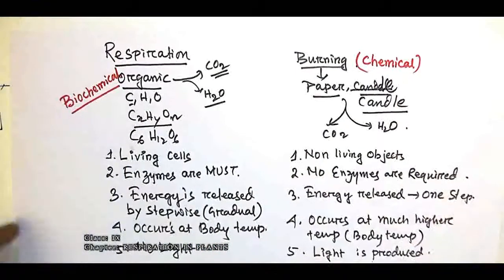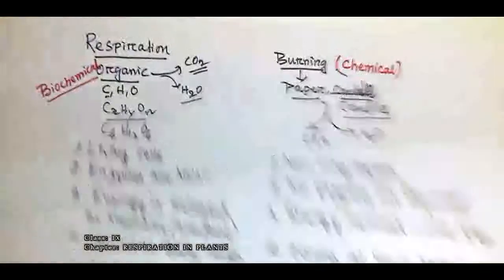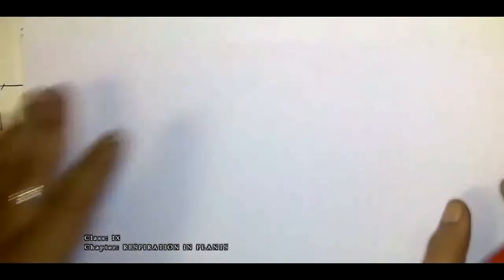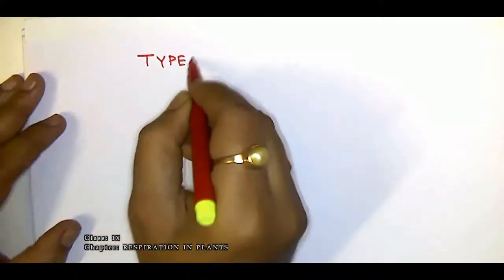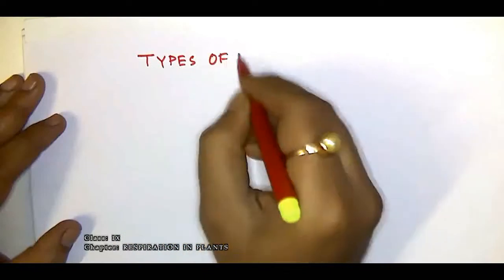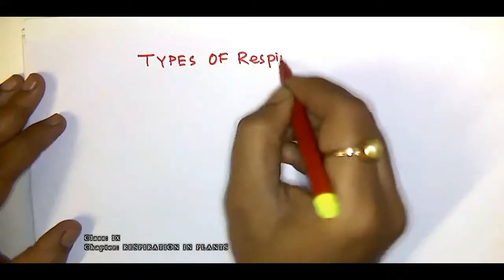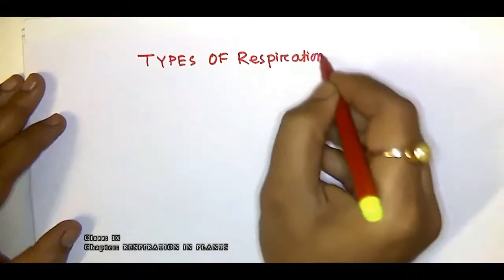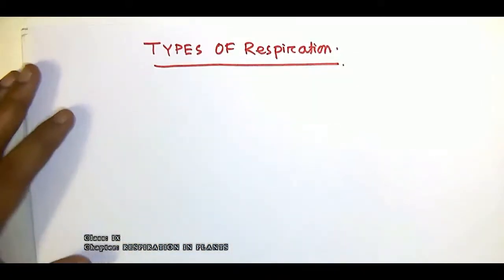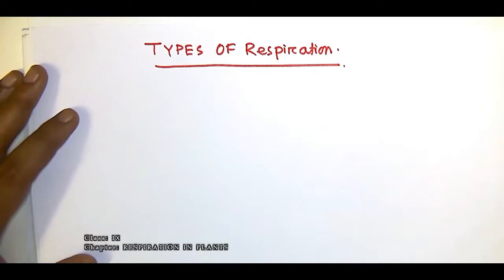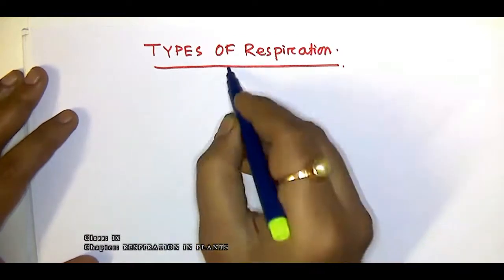Now let's first talk about the different types of respiration. Types of respiration. So how many different types of respiration are there? Or in fact, respiration can be divided into how many types? Very well known to you.